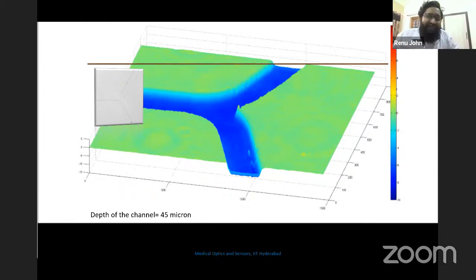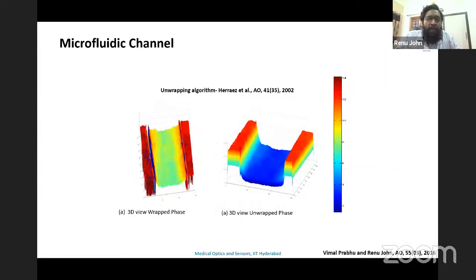The depth of the channel is about 45 micron and the width is about 100 micron. So you can really reconstruct the depth and the thickness of any object, which normally doesn't look like that in a regular microscope. We looked at various properties and refined our system.